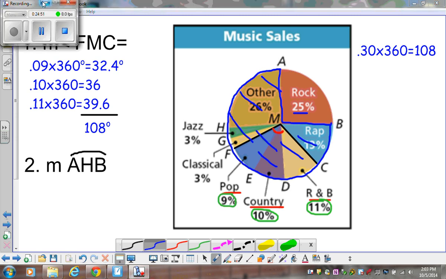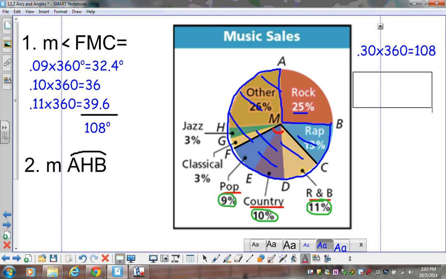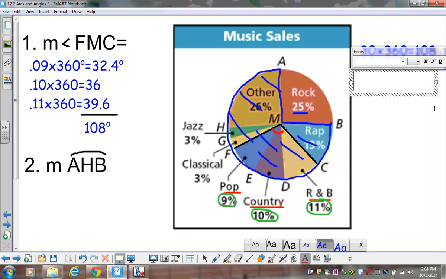So what we're going to do is take my 25% here, which is 0.25, and convert that to a decimal and then to a degree measure. If I take 0.25 and multiply it by 360 degrees, or it's a quarter of 360 degrees, that's going to give me 90 degrees. Now, if you look close enough, it kind of looks like a 90-degree angle. In this case, it actually is.